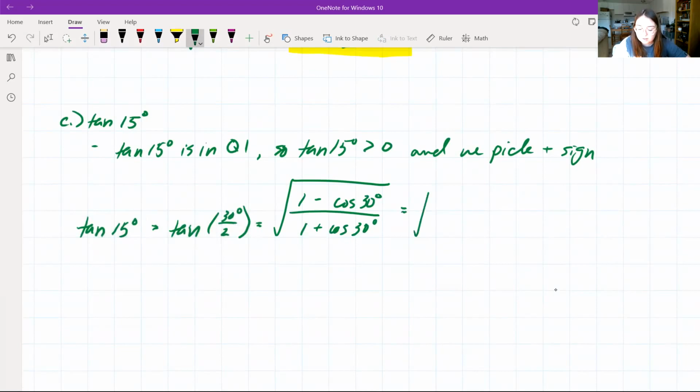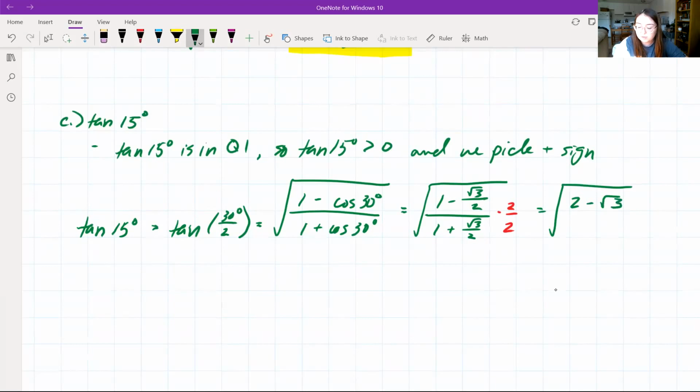This is going to end up equaling 1 minus the square root of 3 over 2 divided by 1 plus the square root of 3 over 2. Now what we can do here is do the same thing as before, where we multiply by 2 in our numerator and our denominator, but still underneath our square root. And what we end up getting is one big square root of 2 minus the square root of 3 divided by 2 plus the square root of 3.